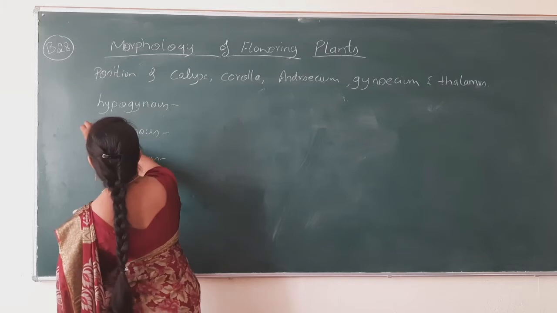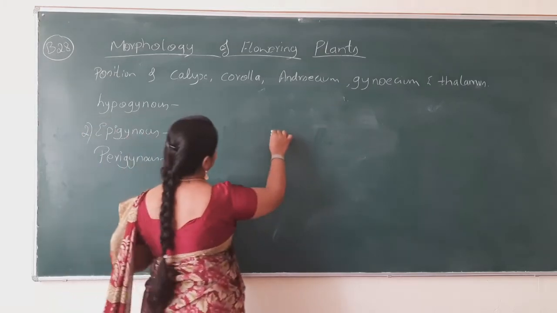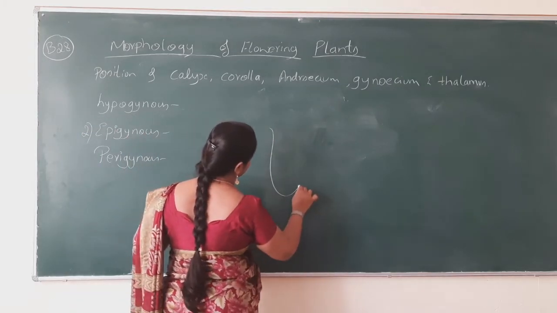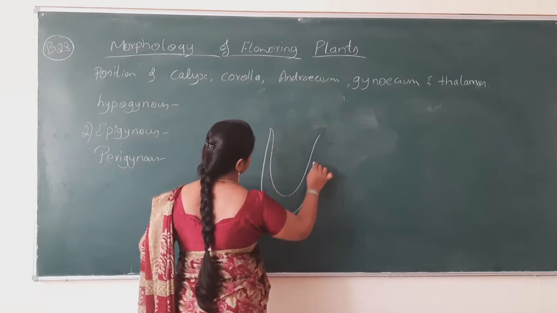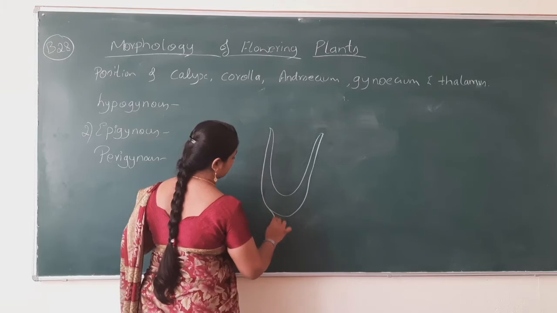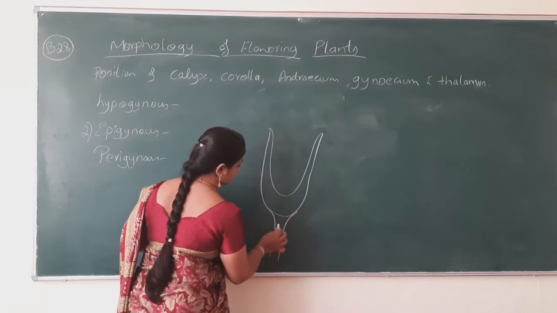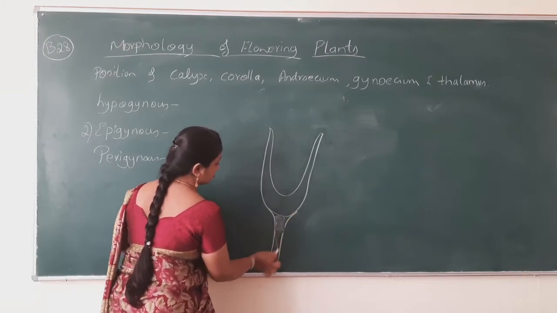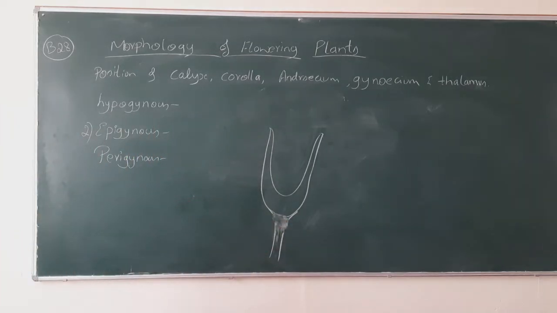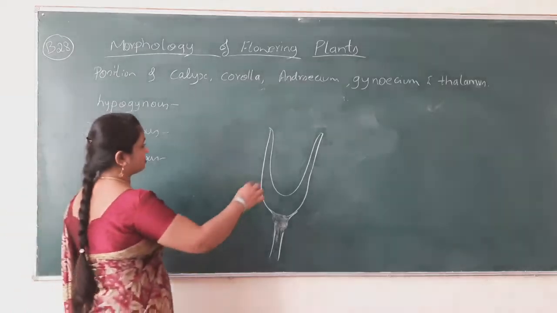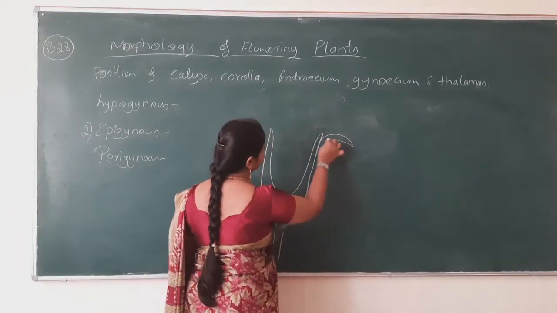Now we are in the epigynous flower, where it has the thalamus and the other parts.